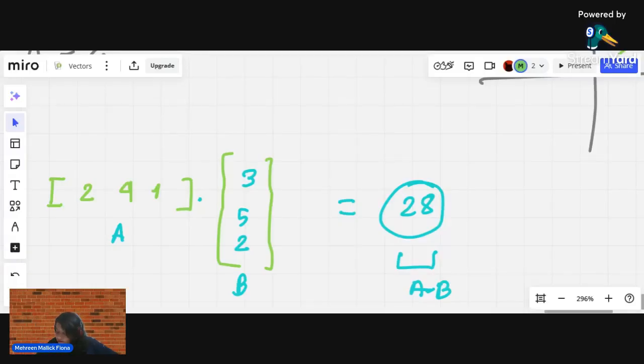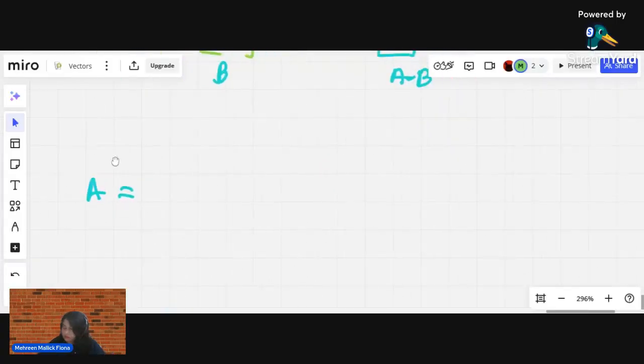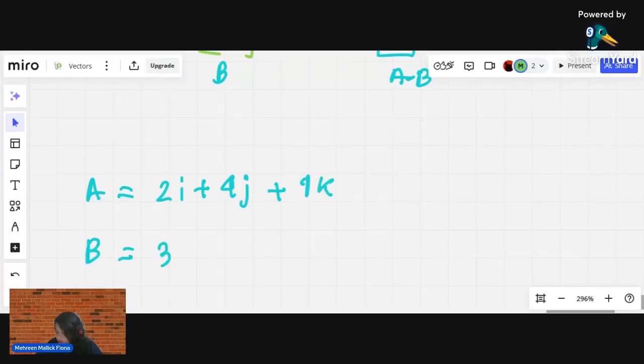If I want to write it in vector form, like 2i plus 4j plus 1k, and 3i plus 5j plus 2k, then what would the dot multiplication look like?